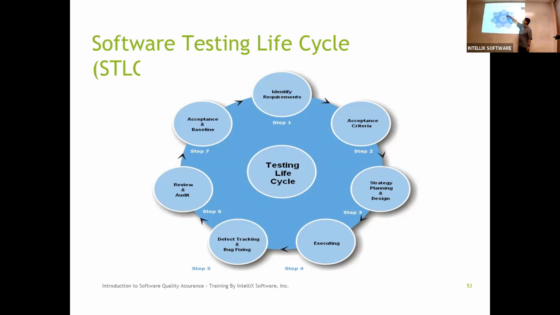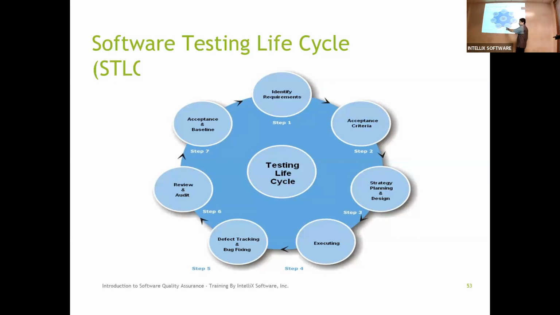In the same way, I have requirements. I define what criteria I need to test it. Then I identify what step-by-step instructions I'm going to follow in order to test that requirement. When the system is available, I'll follow those step-by-step instructions to see whether it's working or not.